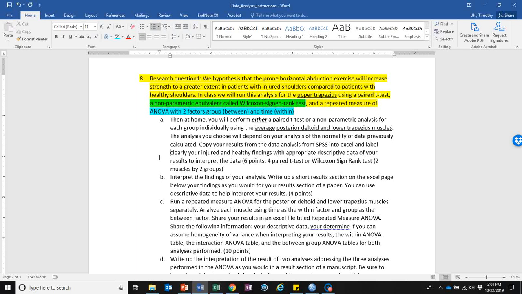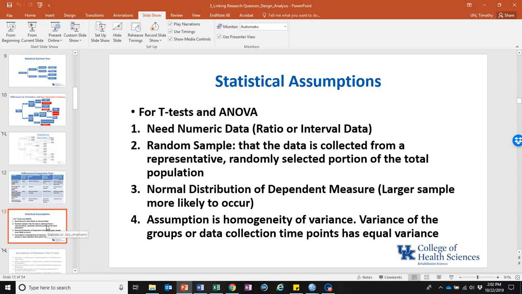We have now basically accounted for all components of the analysis. So we have to meet certain assumptions. So let me go back to our statistical assumptions. So for a parametric analysis, whether it be a t-test or an ANOVA, we have to meet these basic assumptions.